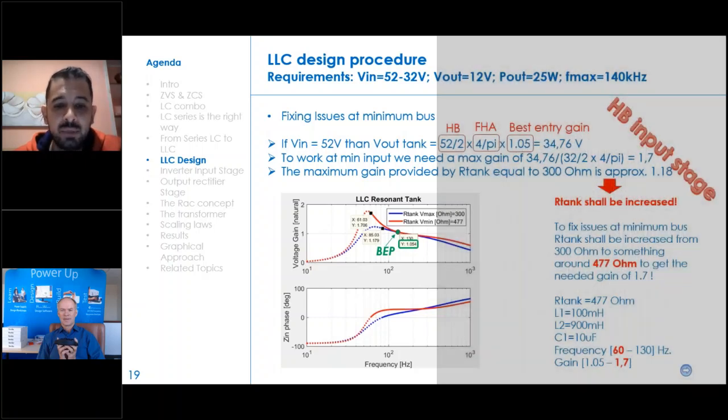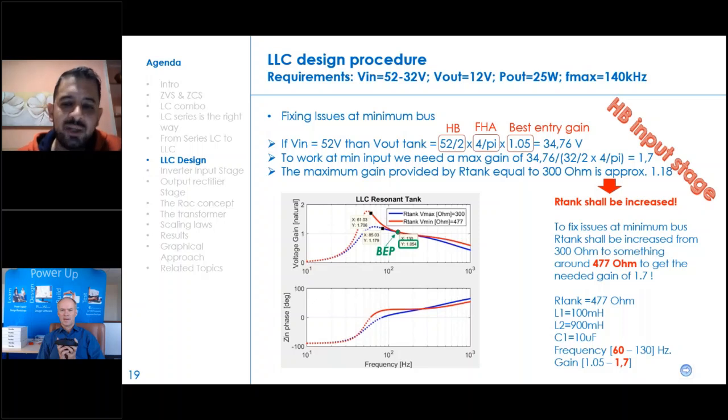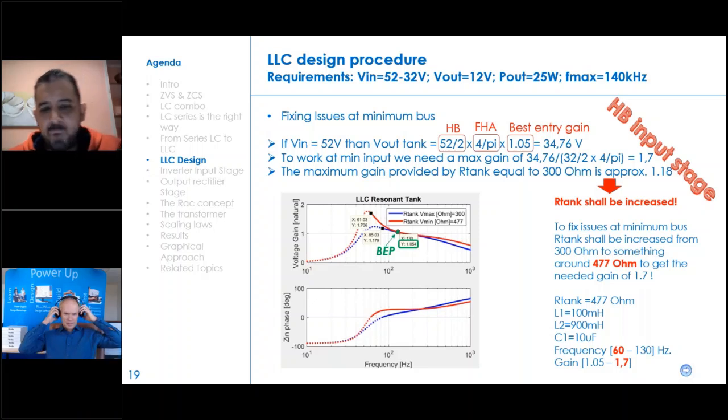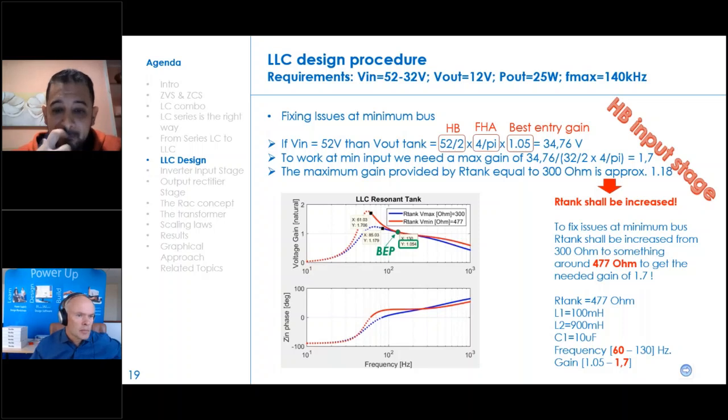So the 300 ohm we targeted initially is not enough, and we are forced to increase the tank resistor. Only in this case are we able to get a higher gain, that is 1.7, the one we are looking for at minimum bus. And by increasing the tank resistor to something around 477, we are able to preserve the 0 voltage switching.